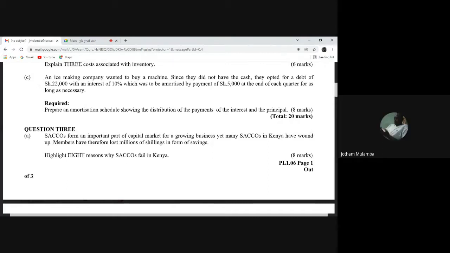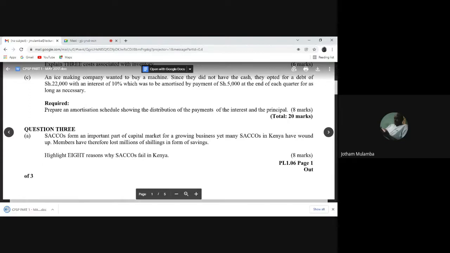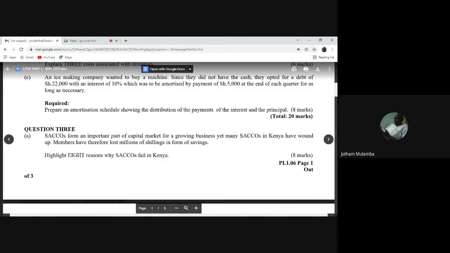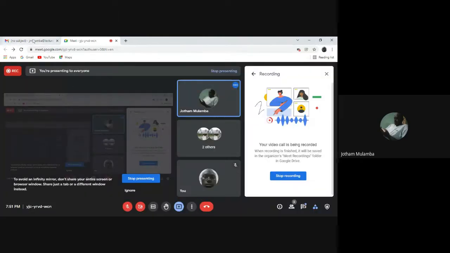Just a minute, let me see if I can. Okay, I'm using a different machine. I don't have that particular working, but let's try and see if I can share this working. Oh, Abraham is waiting to get in. So let me allow him in.